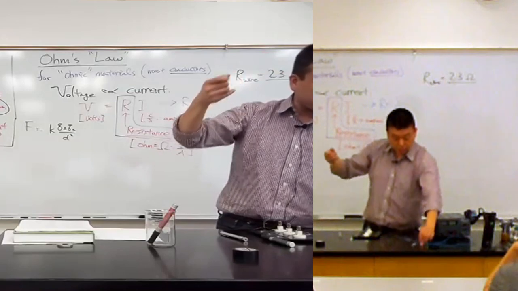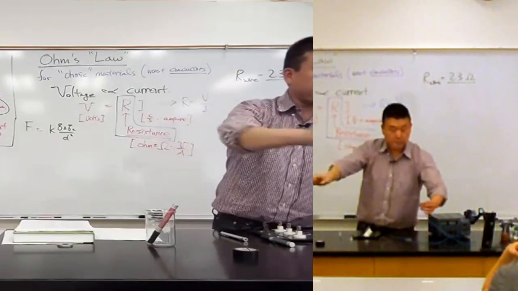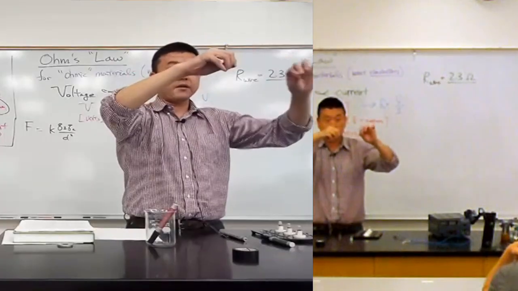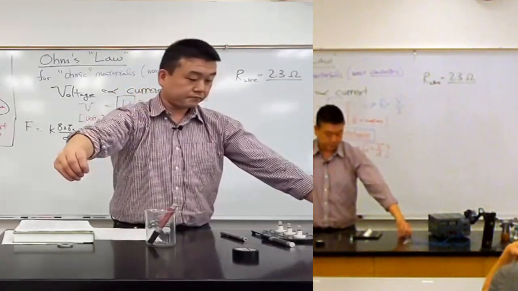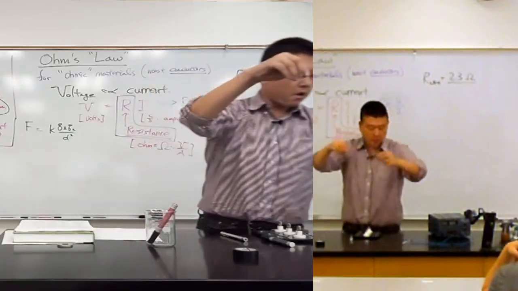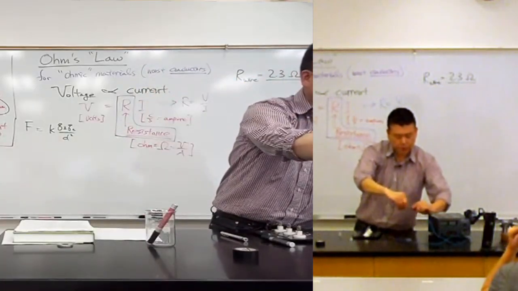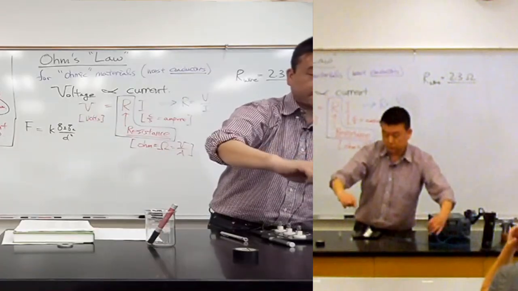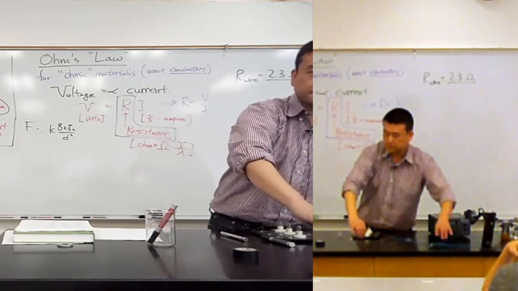So now, it's still the same piece of wire, but I'm going to change my arrangement a little bit. Instead of using the entire length of wire, I'm going to use half as much length of the wire here. What do you think will have happened to the resistance? It would double. Resistance would double or half?